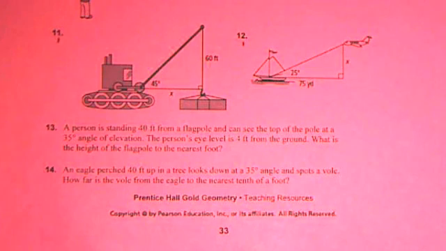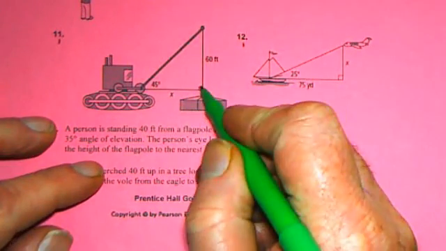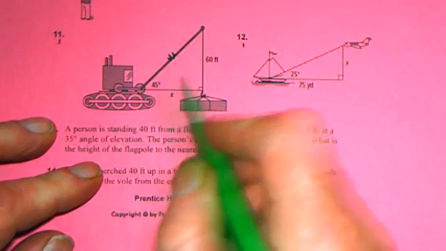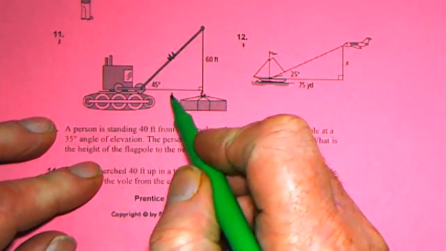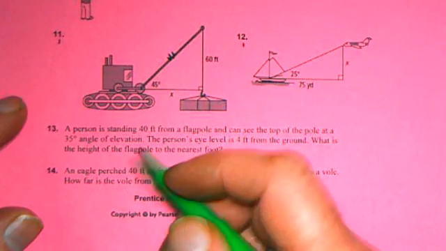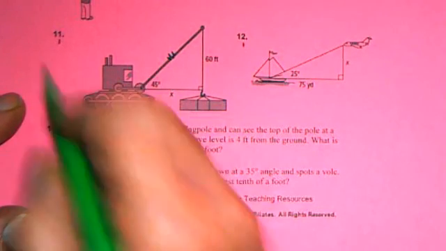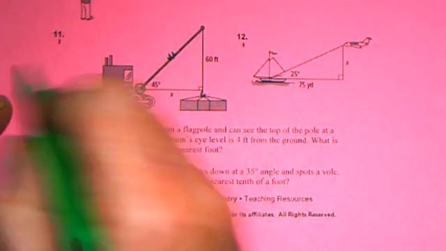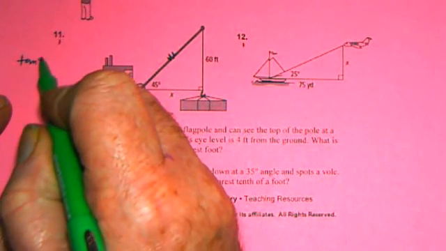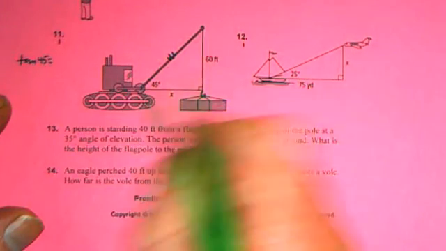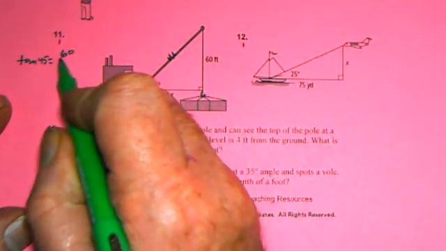But let's say we don't see that, and we just look at the active sides that are involved. This is the hypotenuse, so what we have is an opposite over adjacent situation with a 45-degree reference angle. So we're going to say that tan 45 is equal to opposite, which is 60 over x.